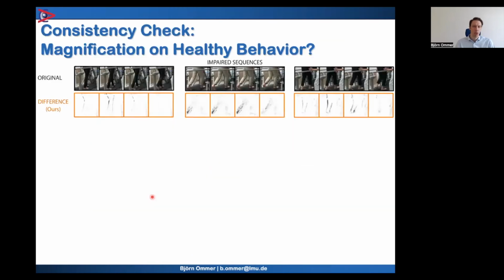But wait, don't we now magnify arbitrary differences between query and reference? Can we trust that our algorithm only magnifies characteristic differences from a reference and not arbitrary spurious variations? Here you see the deviations of impaired sequences from a healthy reference. And you can see the corresponding differences here highlighted in gray.